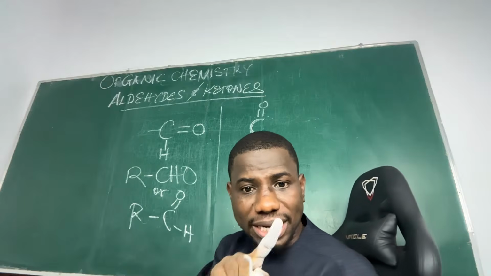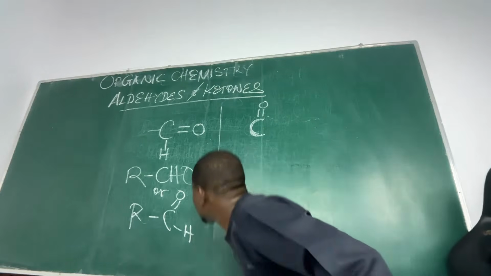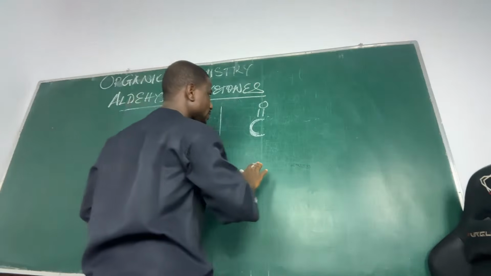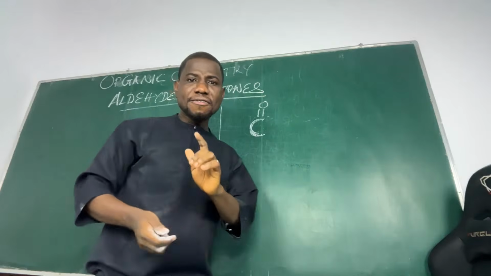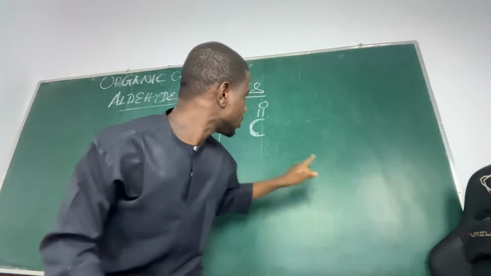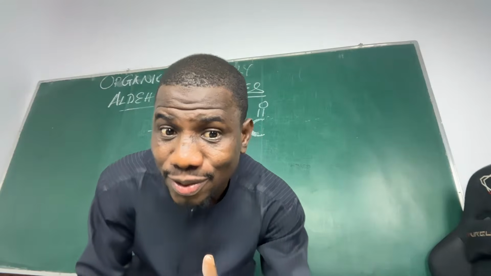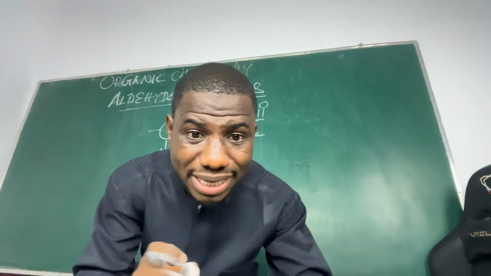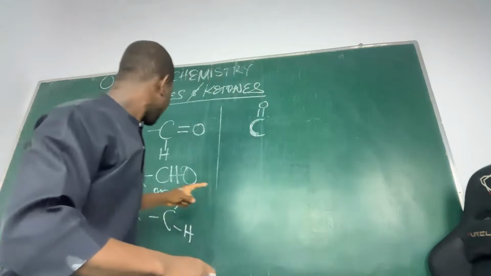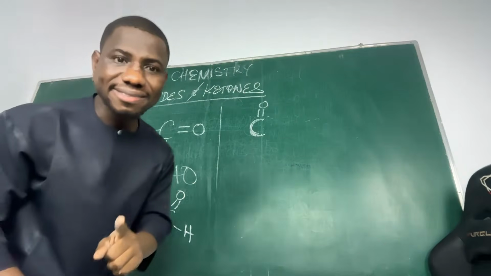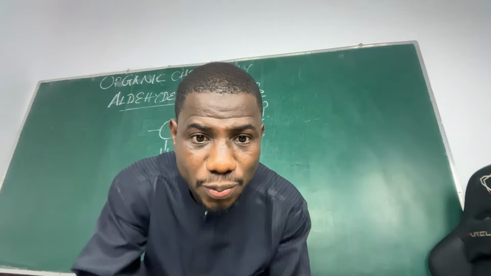Okay, now let's look at these examples. We have this carbonyl group, CO, and what is attached to it is hydrogen and this R. This R represents an alkyl group, right?